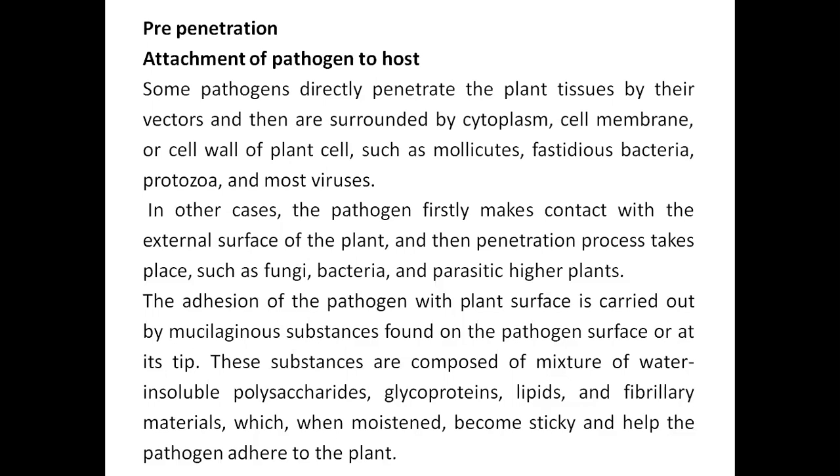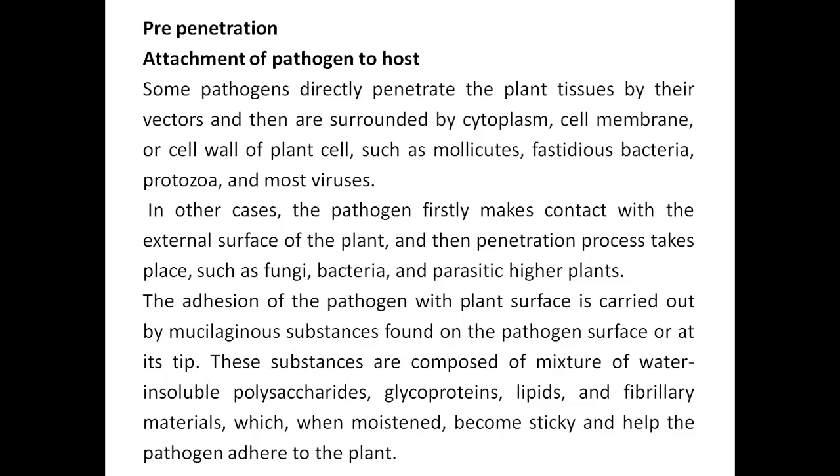Some of the pathogens directly penetrate the plant tissues by vectors, and then they are surrounded by the cytoplasm, such as mollicutes, fastidious bacteria, or viruses. In another case, the pathogens come in external contact with the host plants, and then they penetrate the host tissues, such as fungi, bacteria, and parasitic higher plants.